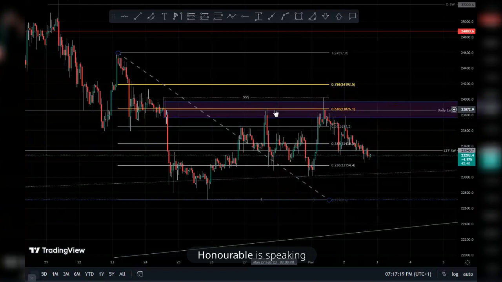Now we have a daily level at the equilibrium. Then we also have a Fib Golden Pocket at the equilibrium. So you see the confluence. You just execute, no stress. So that was how this trade setup came about. It's as simple as this. I hope you guys are following. So this is it.